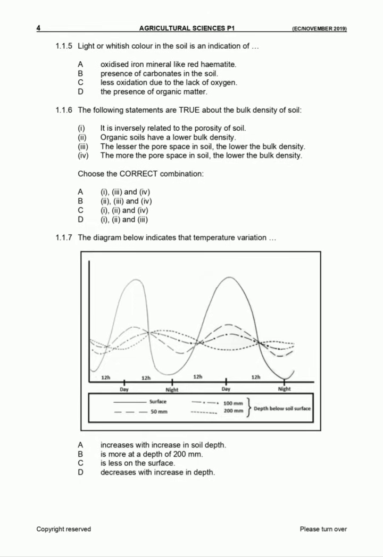One thing that is true, I'm going to select one: the bulk density of the soil is inversely related to the porosity of the soil. Then the other thing is that organic soils have lower bulk density.